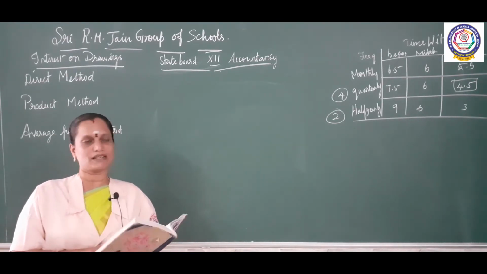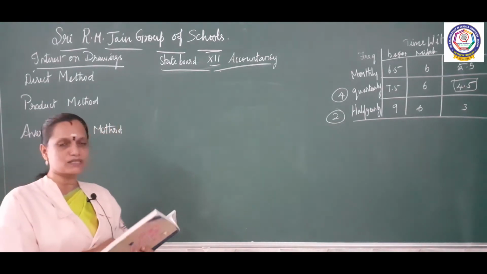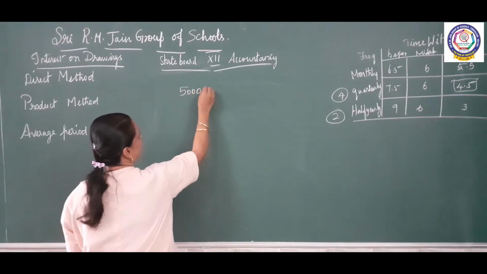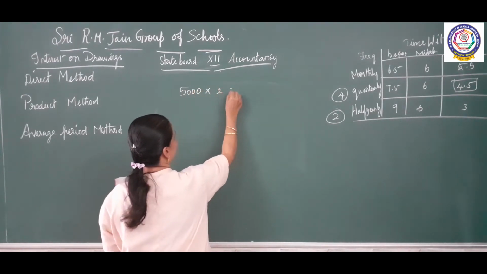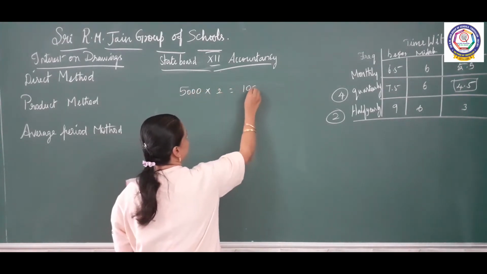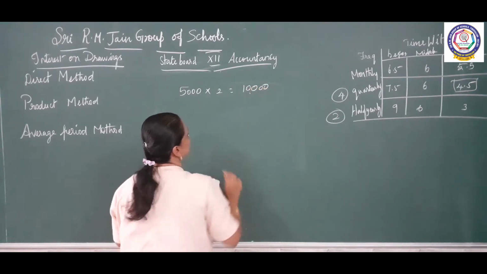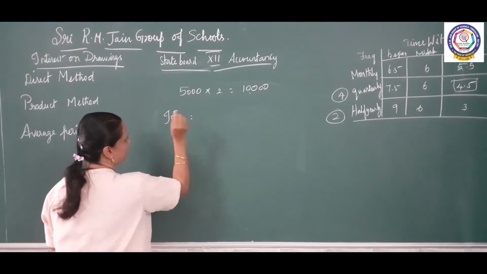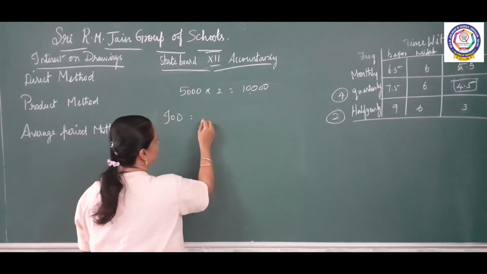So how we should calculate, you know? First, 5,000 they are withdrawing. So 5,000 into 2, because 2 half yearlies we are having. So 10,000, isn't it? So how we should calculate interest on drawing, what is the formula?